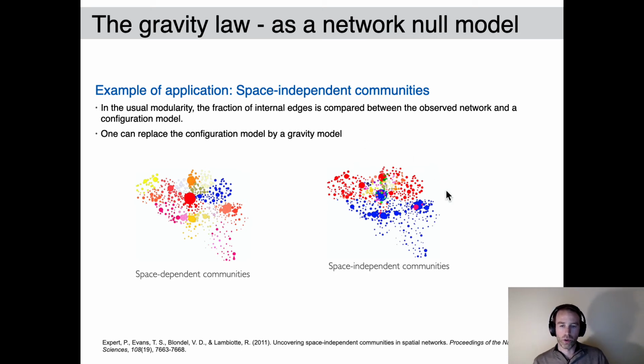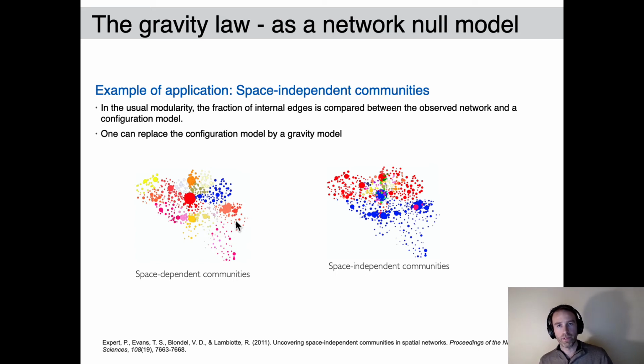So you have two main languages in Belgium, and the red one corresponds to one language and the blue one to another one. So this can be interpreted as removing the effect of space and detecting something which was hidden before by this notion of space. Here you detect something which is interesting, it's meaningful. You're detecting areas that correspond to regions in Belgium.